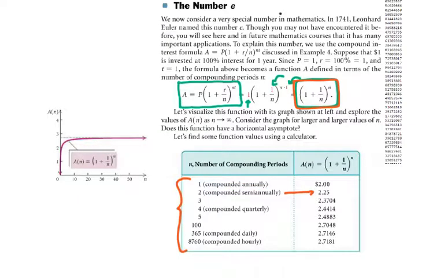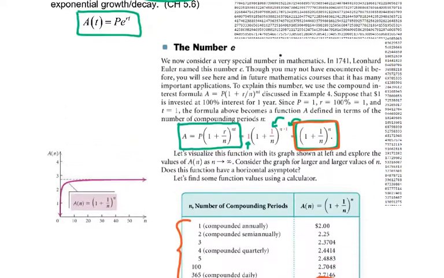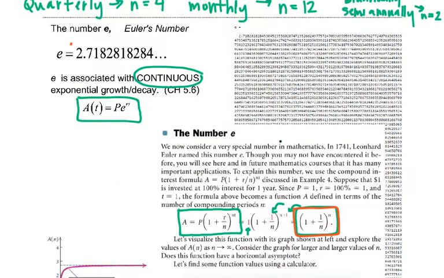Semi-annually, 2 times a year, gives us just a little bit more. Quarterly, we're at $2.44. Daily, we're at $2.71. And if we look at hourly, we get this number here, 2.7181, 2.718.